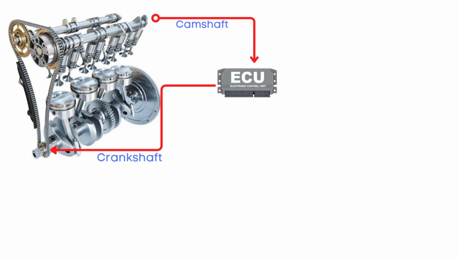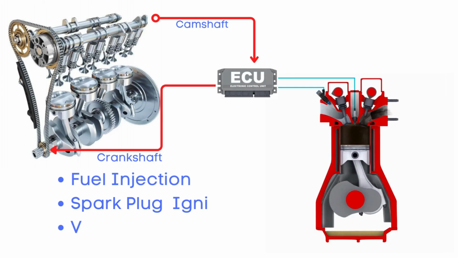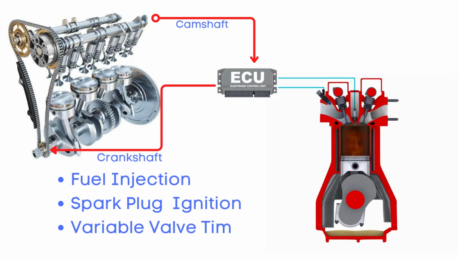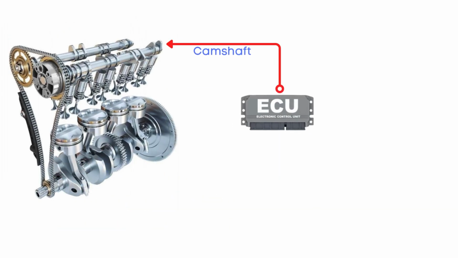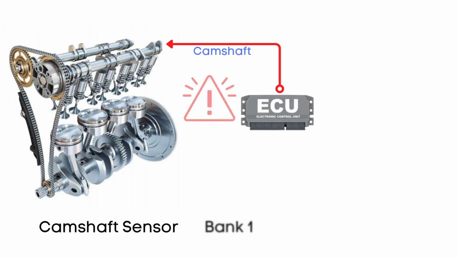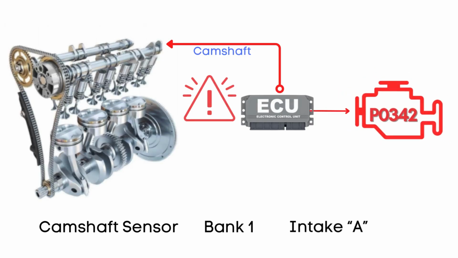With all this data, the ECU can precisely control things like fuel injection, ignition timing, and even when the valves open and close. But if there's a problem with the camshaft position sensor circuit, then the ECU can't get the right camshaft data, and it triggers the P0342 code to let you know something's off.